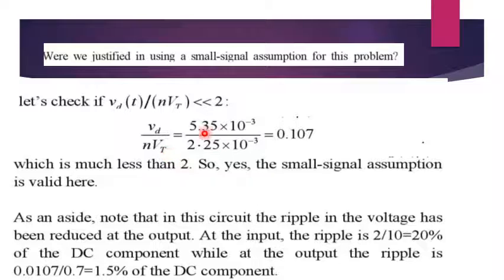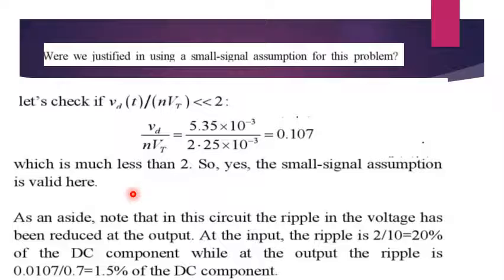So 5.35 into 10 power minus 3 over eta, which we can take as 1 or 2 depending on whether we are using silicon or germanium. So I got 0.107, which is less than the value 2. So the small signal assumption is valid here.